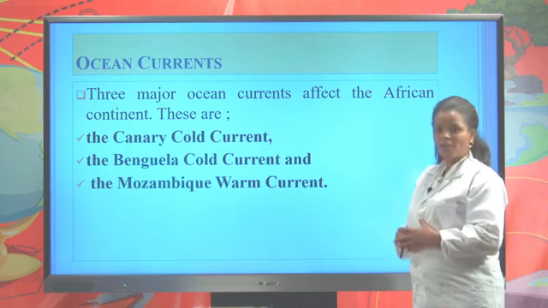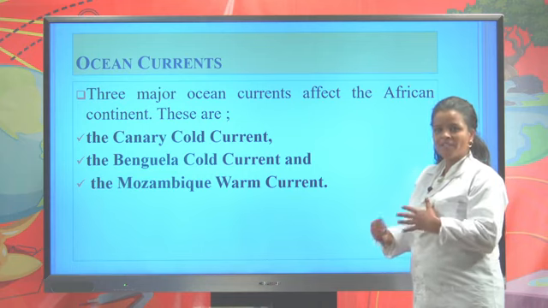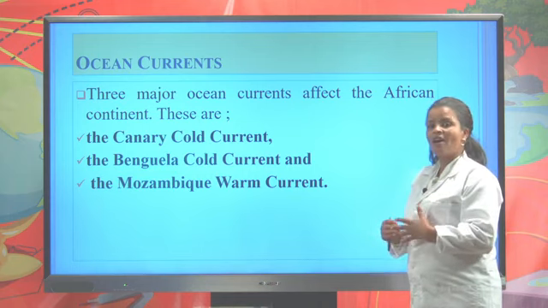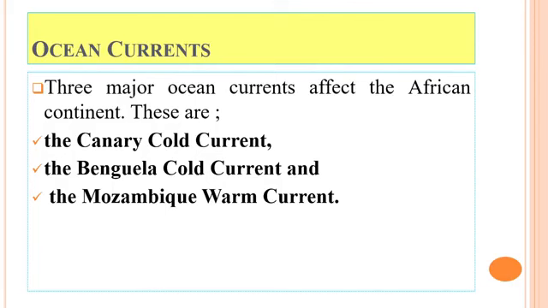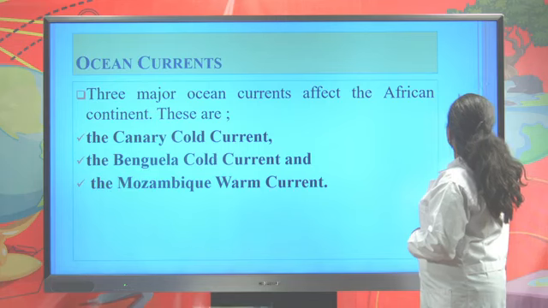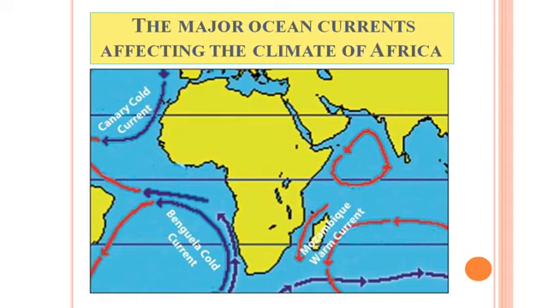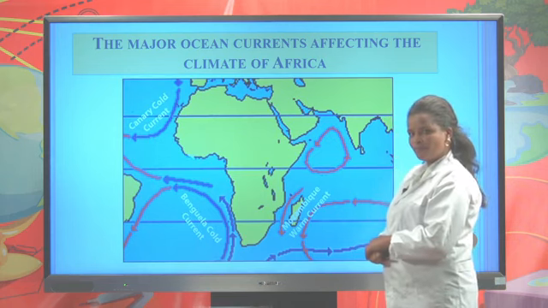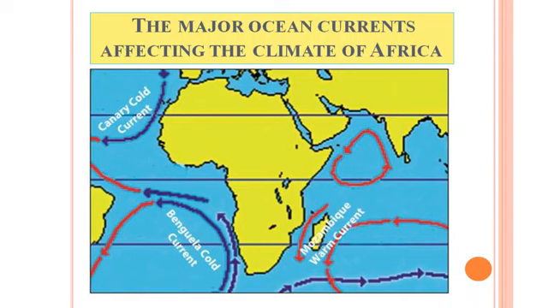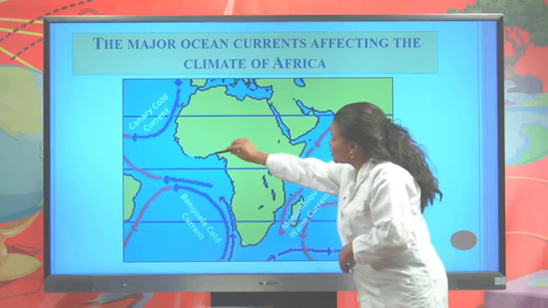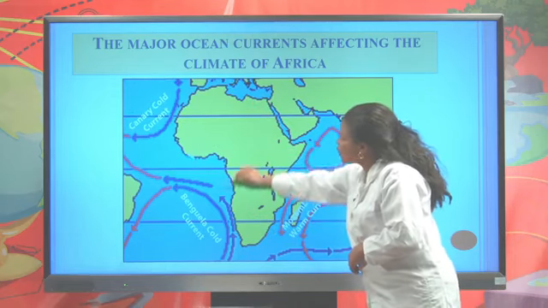Let's see the three major ocean currents that affect the African continent. These are the Canary cold current, the Benguela cold current, and the Mozambique warm current. Let us see how the major ocean currents affect the climate of Africa. The Canary and Benguela cold ocean currents affect the western and southwestern coast of Africa.